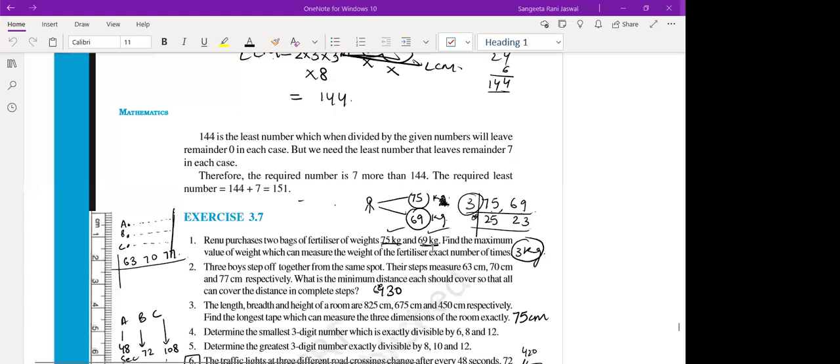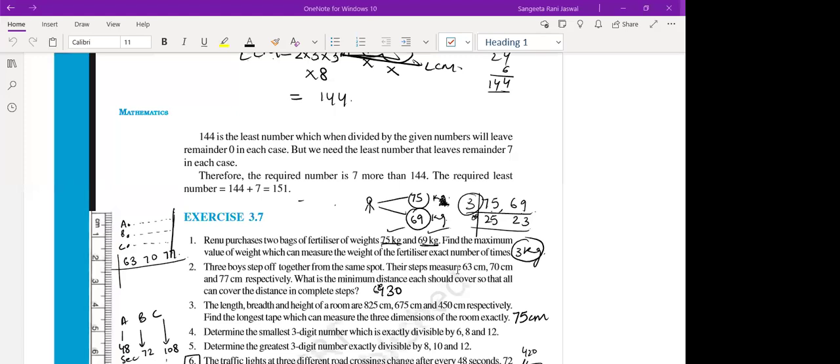Ma'am, I don't get the "which can measure the weight." See, you have to take that measure which can measure the 75 kg and 69 kg exactly. You have to take that kind of, you can say, a container which can measure these two weights exactly.